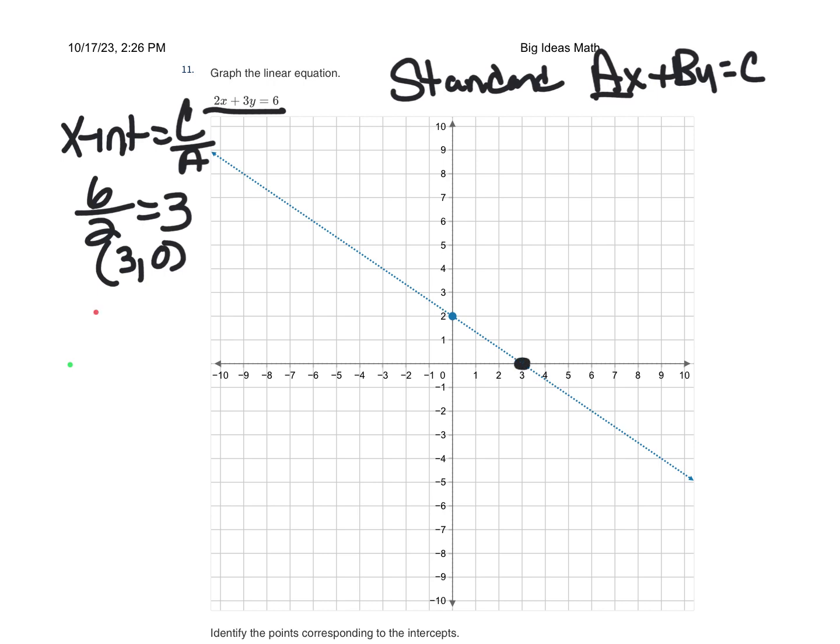And then my y-intercept is c divided by b, the coefficient of y. So it's going to be 6 divided by 3. So my y-intercept's 2. So my x is 0, my y is 2. So that would be here. And then we can just connect the dots.